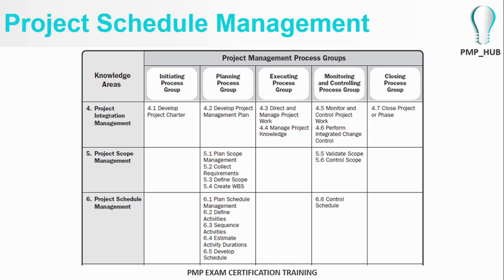As per the PMBOK, the project schedule management processes are mainly grouped under the planning process group, and controlling schedule is grouped under the monitoring and controlling process group. Let's consider each of these processes in detail.